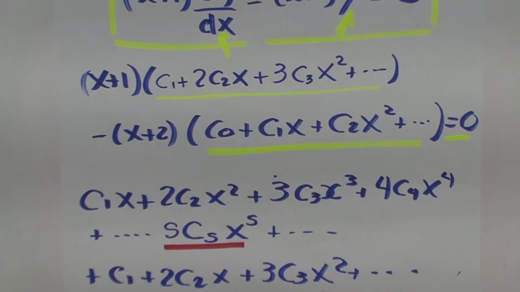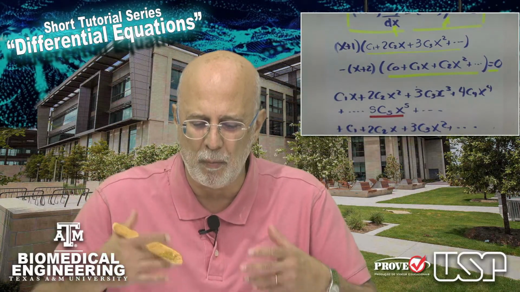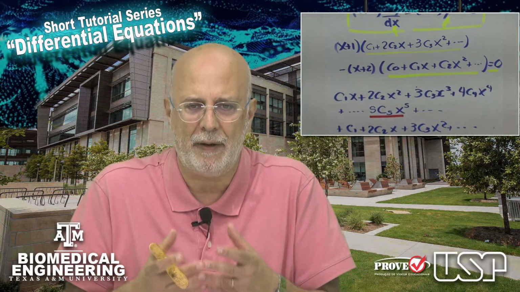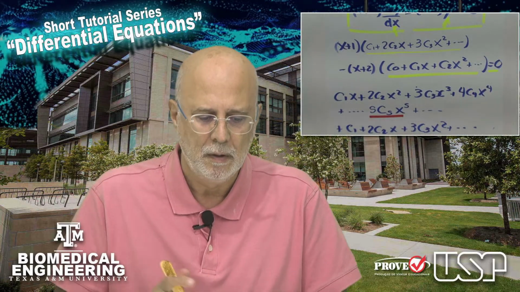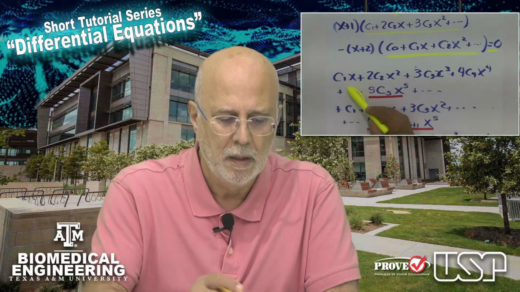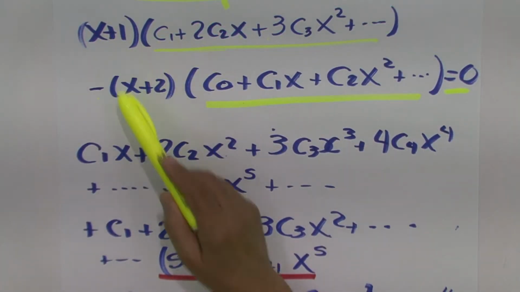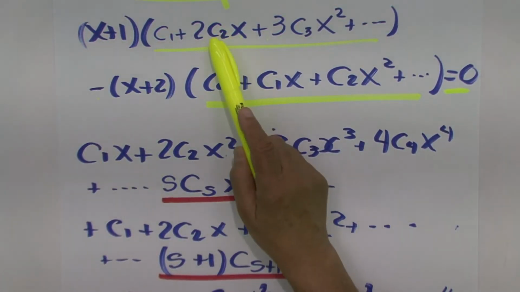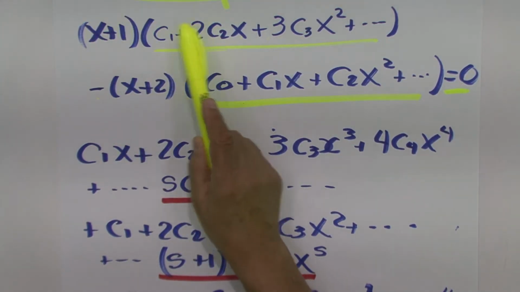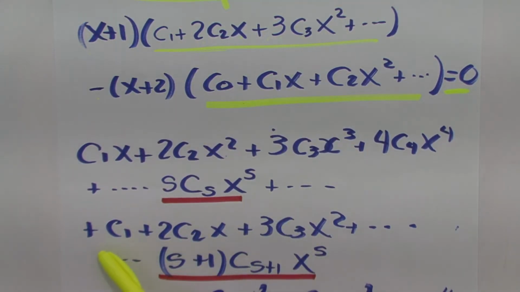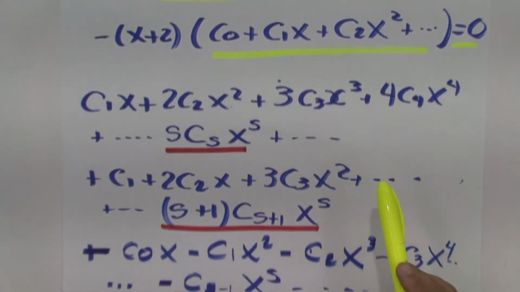And here I'm going to elaborate a little more, and I'm going to keep a generic term of the series. Okay, so this is C1 times x plus 2C2 times x squared. I'm multiplying x to everything, and then I'm going to add the 1 times everything here.